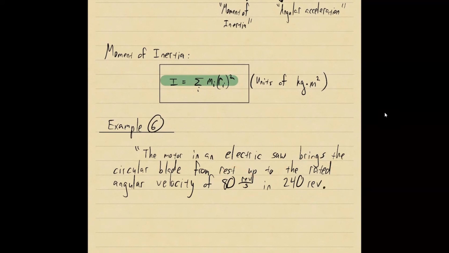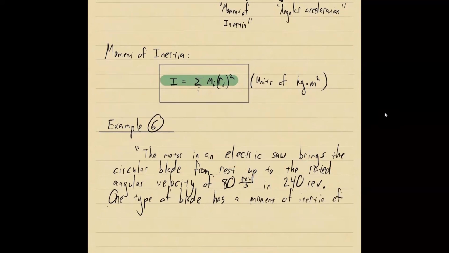So the problem goes on to say that one type of blade has a moment of inertia of 1.41 times 10 to the negative 3 kilograms meters squared.